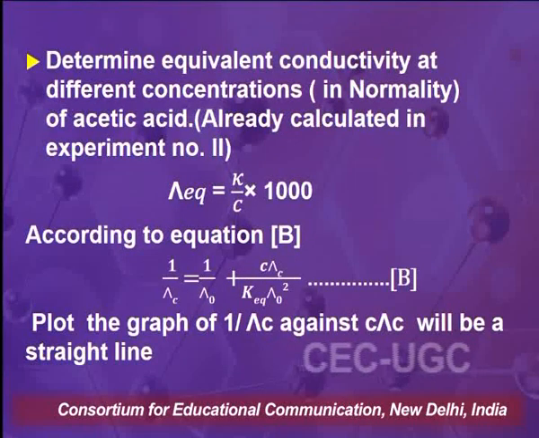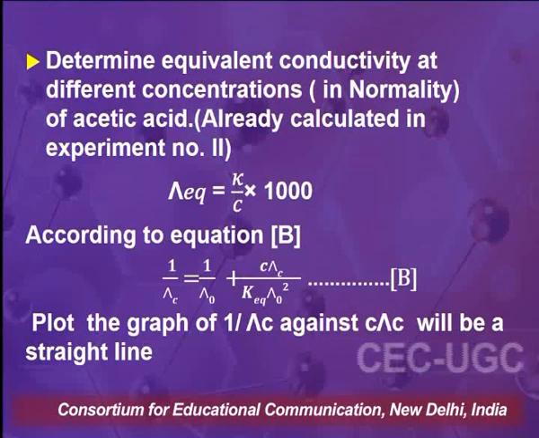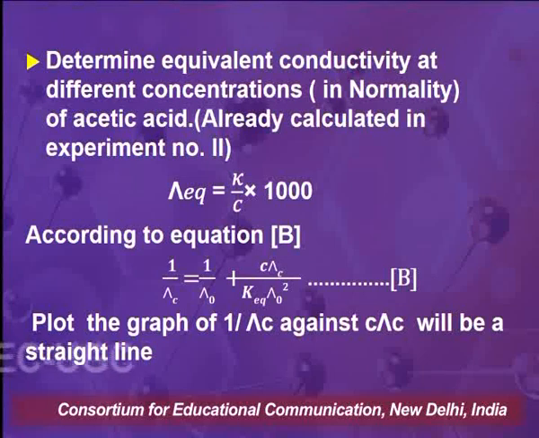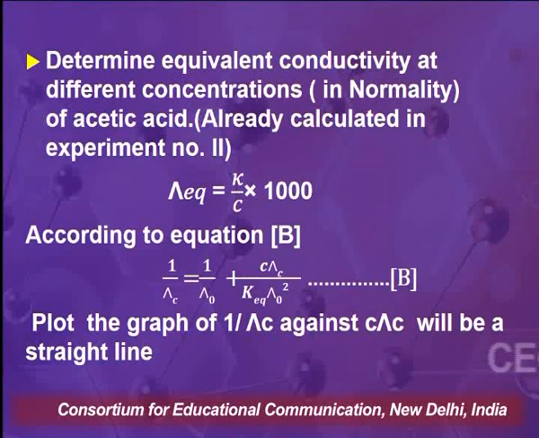Determine the equivalent conductivity at different concentrations of acetic acid already calculated in experiment number 2, and the equation lambda equivalent equals 1000 kappa by C can be used to find the equivalent conductivity.